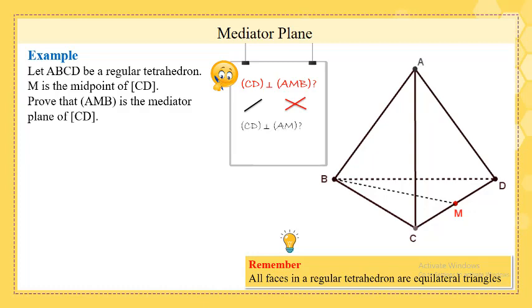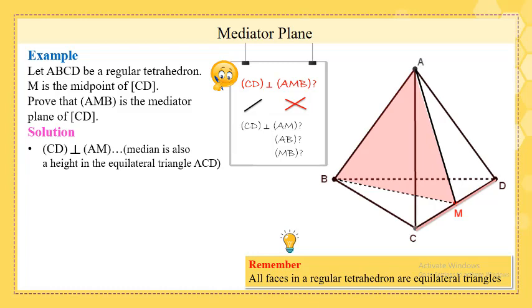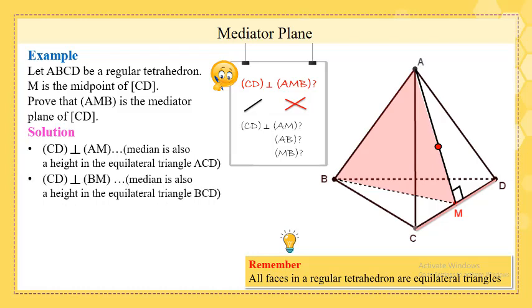So is CD perpendicular or orthogonal to AM, to AB, to MB? This is the plane ABM, and this is our segment CD. We know that CD is perpendicular to AM, since a median is also a height in the equilateral triangle ACD, as you can see in the figure. Similarly, we know that CD is perpendicular to BM because a median is also a height in the equilateral triangle BCD.